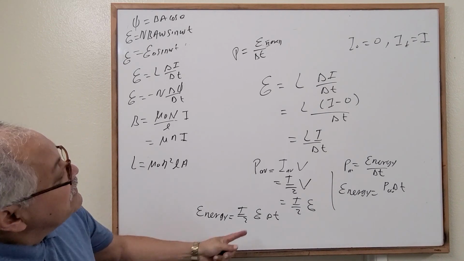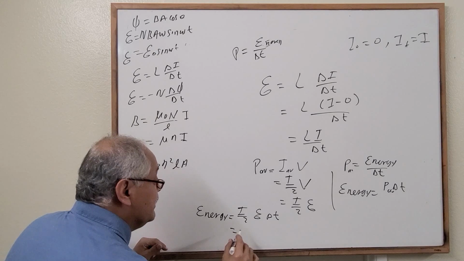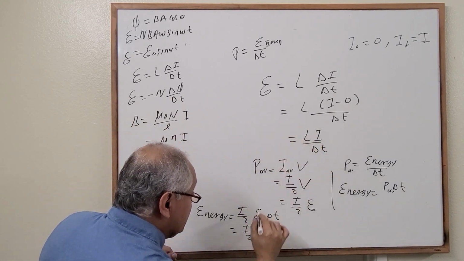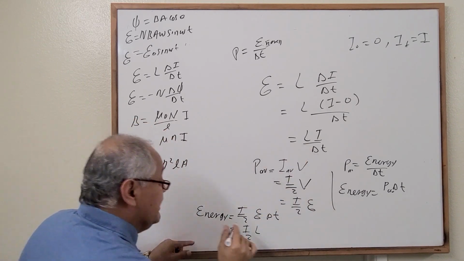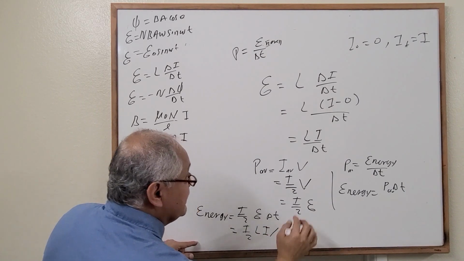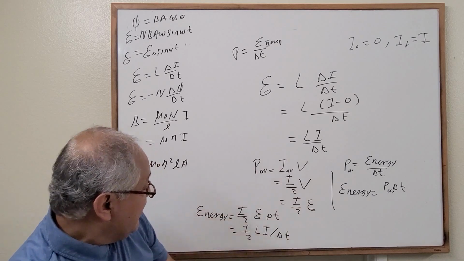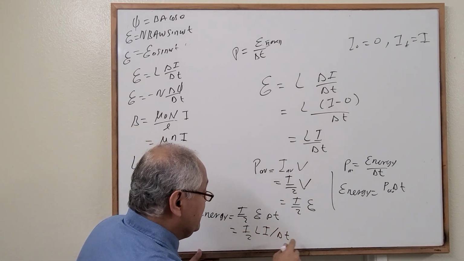Got it? But what is the electromotive force? It's going to be this value. So this is equal to current divided by 2 times the inductance times current divided by delta t. This is delta t right here. And then I forgot this one, times delta t.